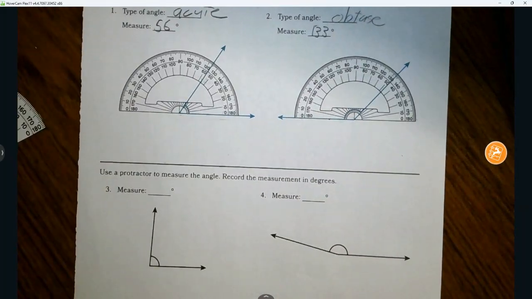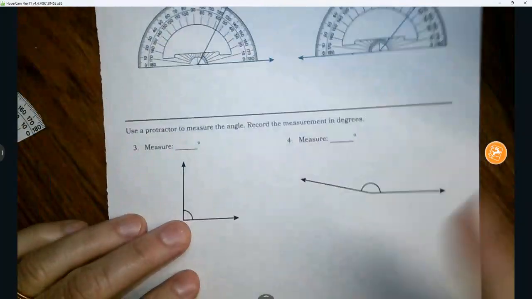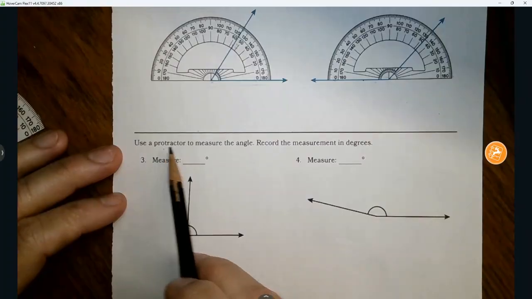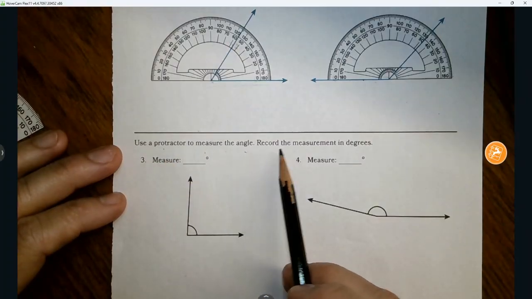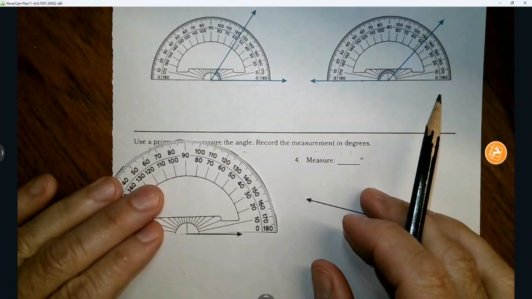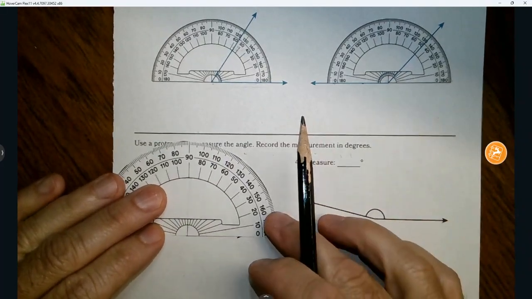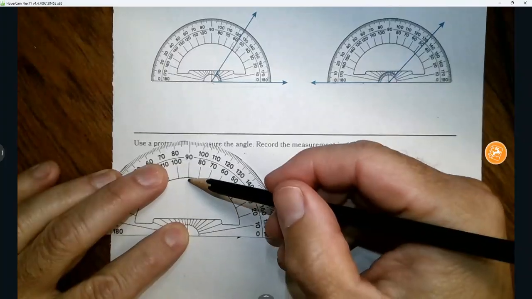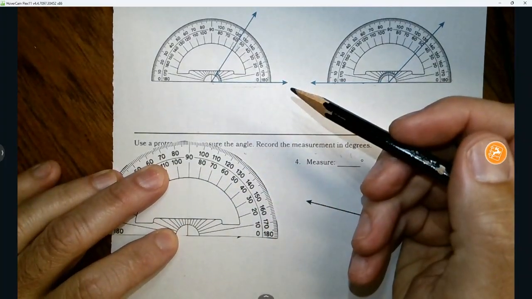All right. Now you need your protractor to measure just for these two. Okay? Use a protractor to measure the angle. Record the measurement in degrees. So this is going to be a little tough. But if we look, we can kind of see that line back there.